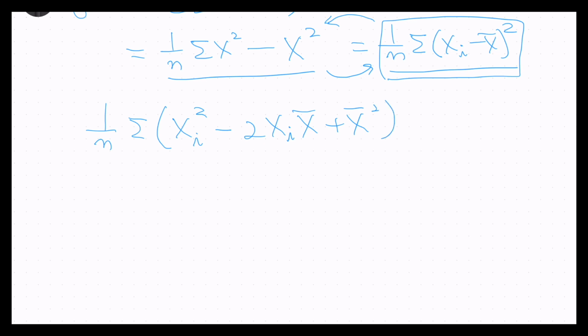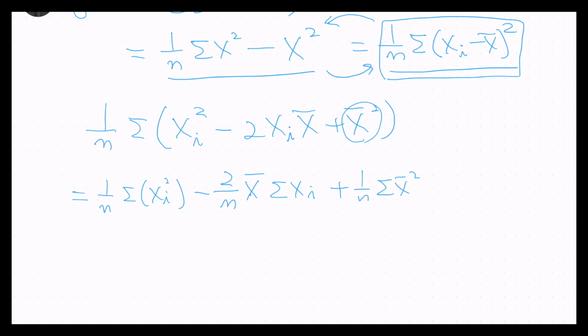Right? So if you take it out, this is 1 over n, separate out, so xi square minus, if you just put it in, 2 over n, because x bar is just a fixed number, so you can treat it like a constant. And then sigma xi, right? Plus, same thing, since this is just a constant number, you can handle this as just 1 over n sigma x bar square.